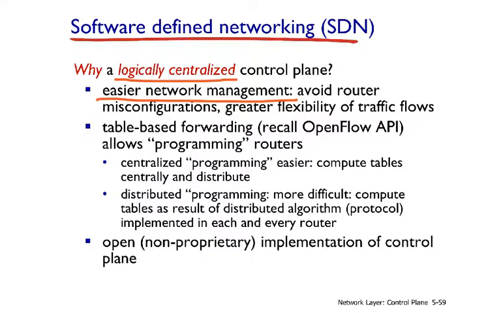For example, we have different information in the routers in traditional IP routing, and we have to be sure that we are all on the same wavelength, that we have the same information to be able to run the routing algorithm. In the case of SDN, we all have the same picture of the network, and we can run the algorithm taking into account that all of us have the same information.